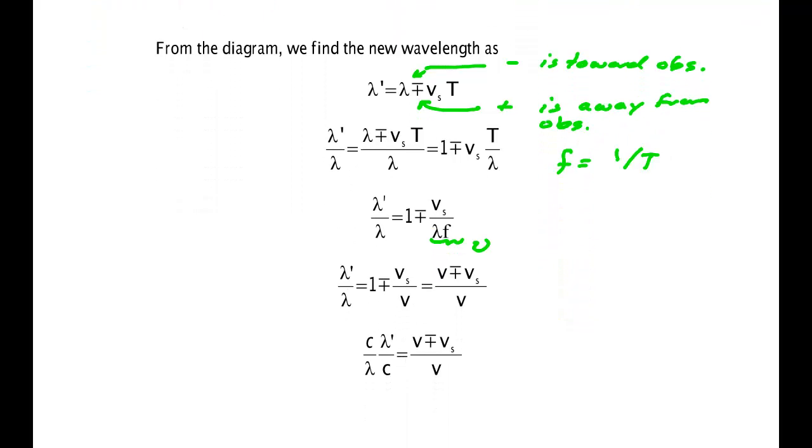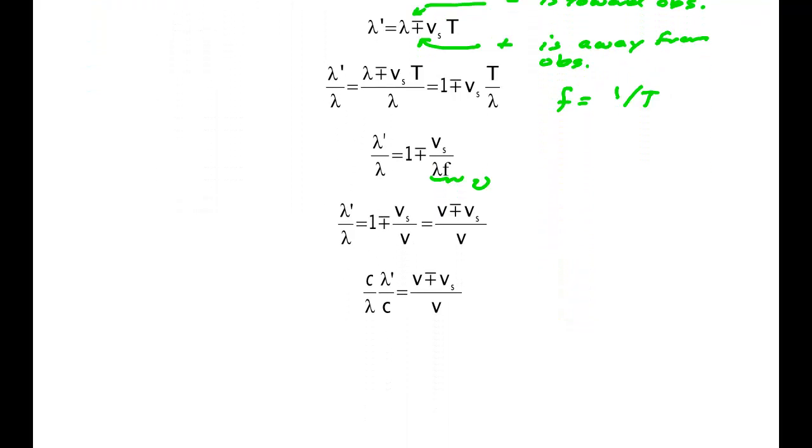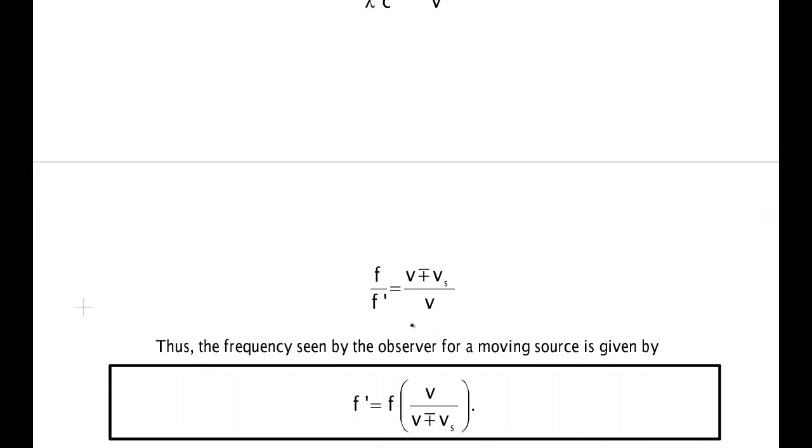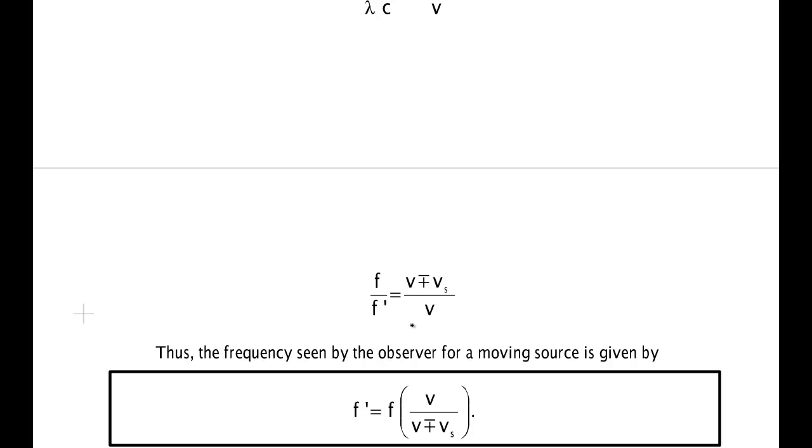To put it in terms of frequency, we multiply the top by c and divide by c. That's just multiplying by 1. So when you do that, we get V minus or plus Vs over V. And I should say something: there's a slight error here.